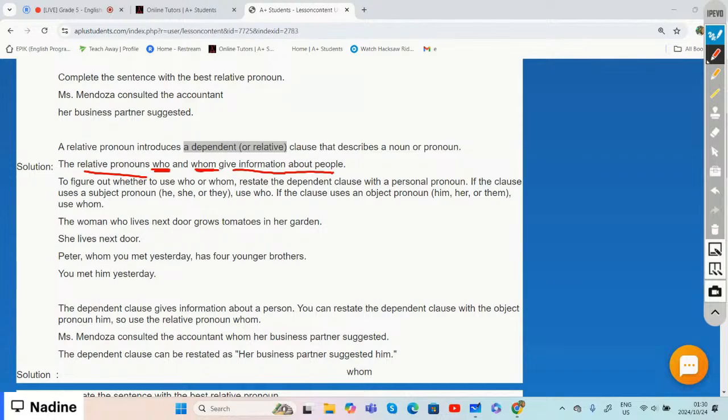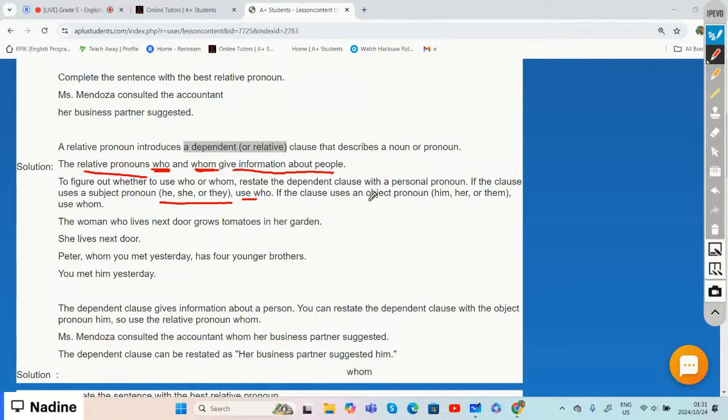If the clause uses a subject pronoun, he, she, or they, then we use who.